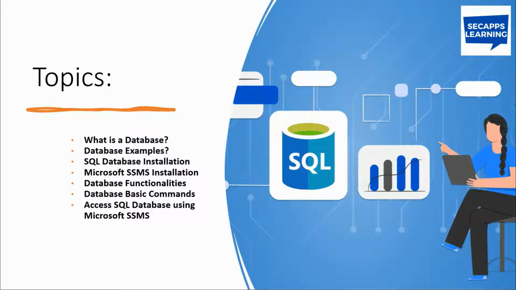You go to the App Store or Play Store, download the Facebook application, and start connecting to your Facebook account. Similarly, in corporate also we have different types of application, or you can say client. So this Microsoft SSMS, or SQL Management Studio, is a kind of application, or agent, which is used to access the Microsoft SQL data. So we need to install this application too, and using this application only we will be accessing the SQL data, or you can say connecting to the database.